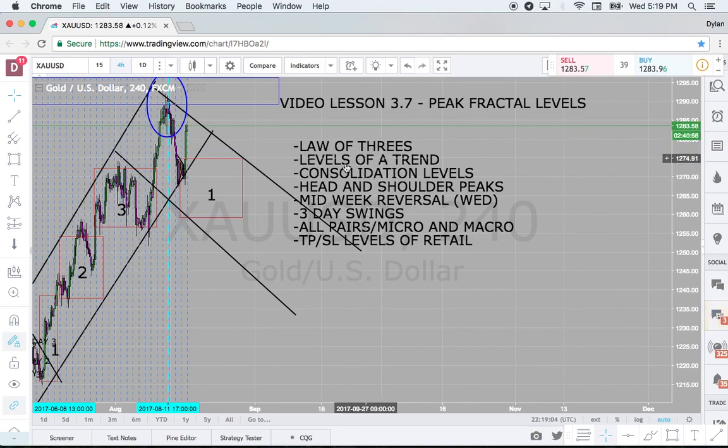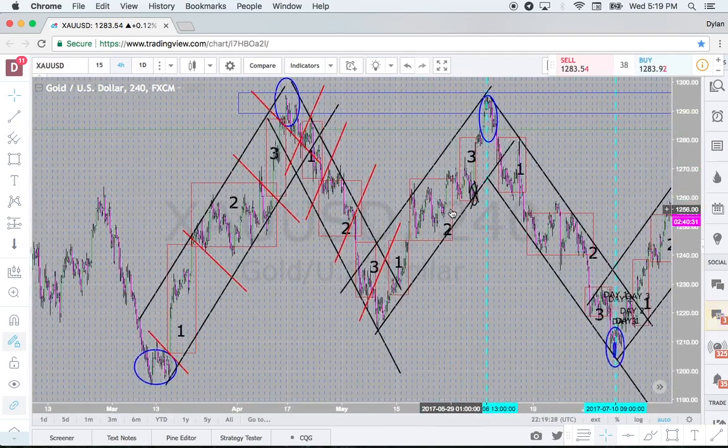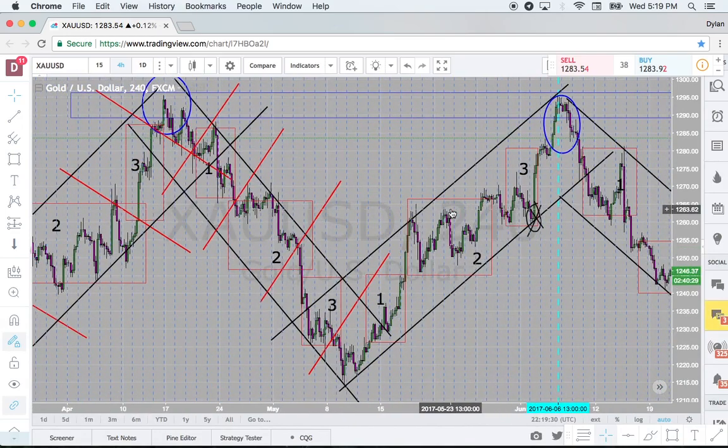Law of threes, levels of a trend, consolidation levels, head and shoulder peaks. We've gone over midweek reversals, 3-day swings a bit, micro, macro, stop loss, and take profit levels of retail traders. We'll go over that as well. So, head and shoulder peaks. What is that? This is the pattern that I was talking about.